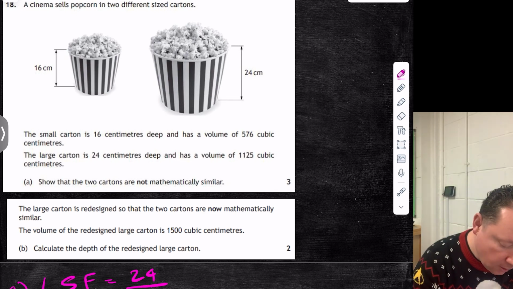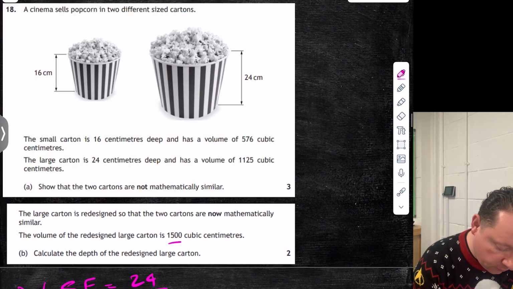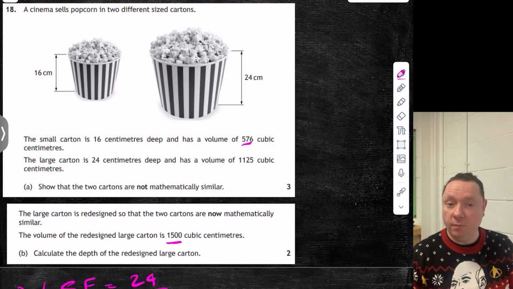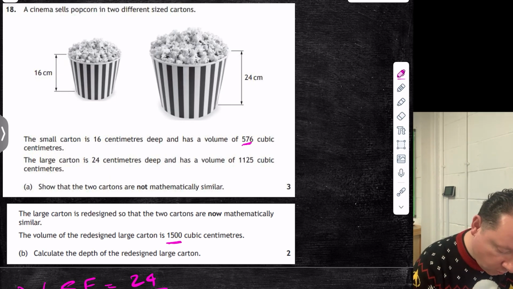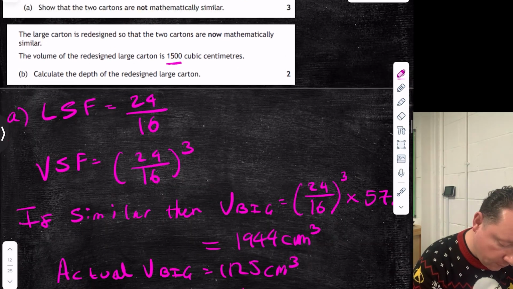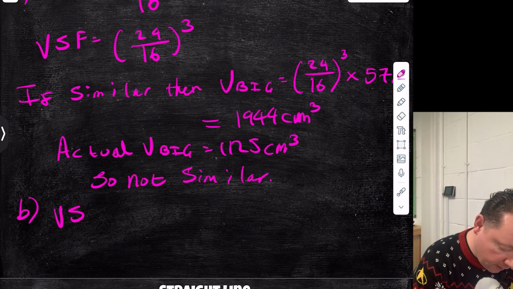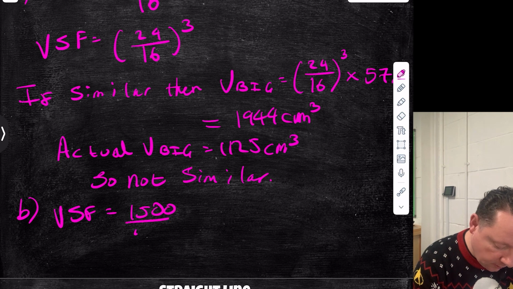Okay, so we know that the new volume we're going to have to use is 1500 and the original is 576. So we can work out the volume scale factor, then working backwards from that find the linear scale factor to find the new depth. So we're trying to find it in the large one, so it is large over small. So for part B, our volume scale factor is 1500 over 576.